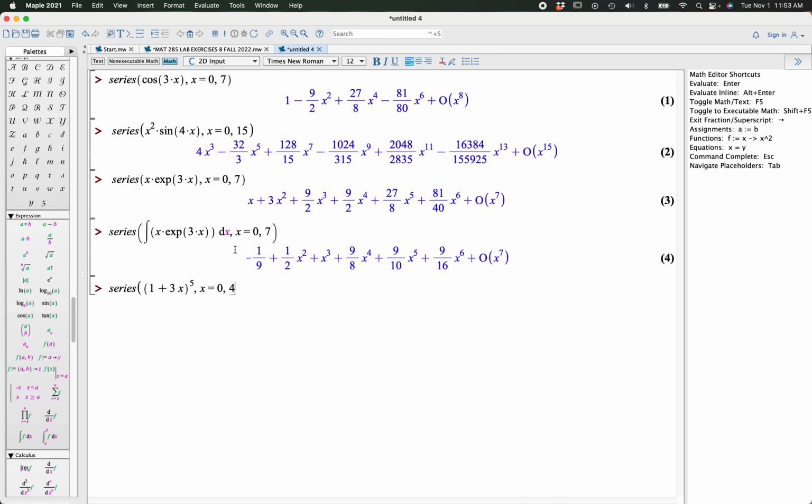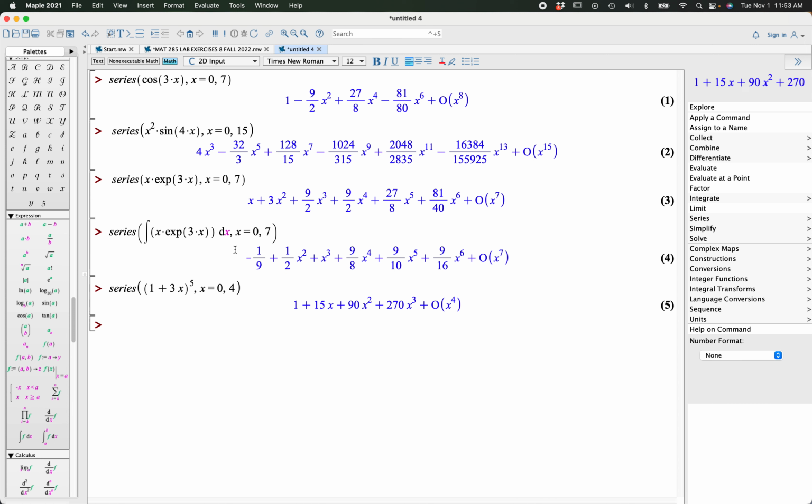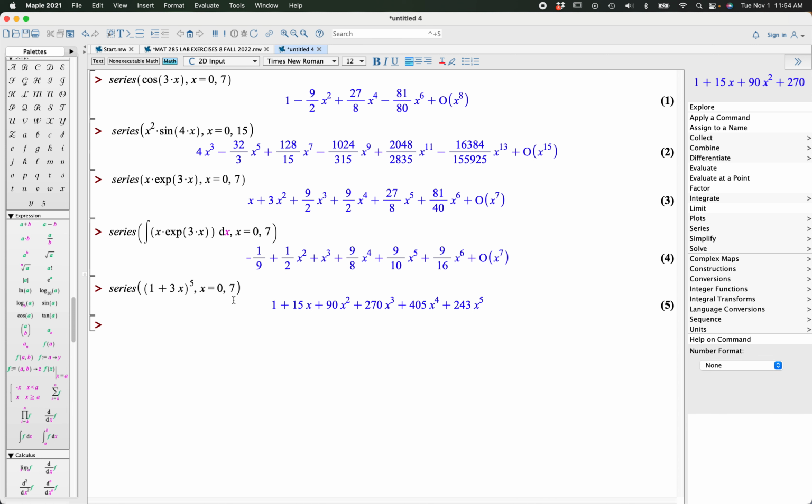If I go from 0 to 4, you're going to have an incomplete expansion because we are only going out to x cubed. Say if I go out to 7, you're going to have the full expansion. And if I were to go out to, let's say, 27, we're just going to have a surplus in terms of how far to go out in x, because this is going to be a finite series expansion.